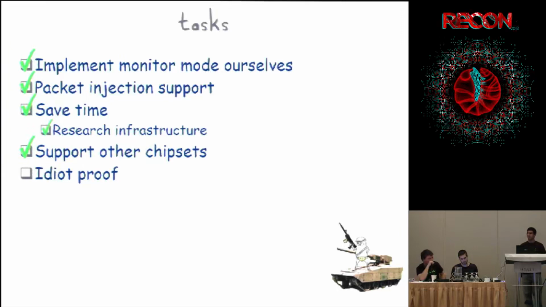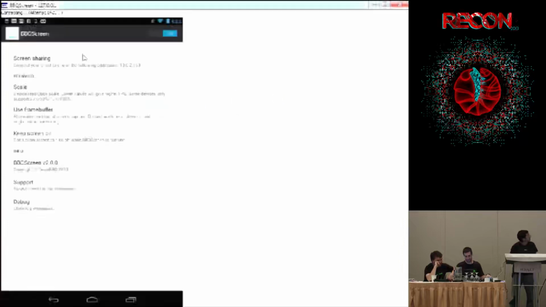I mean, anyone with a rooted phone and the correct chipset can use it. And we're going to do a test on this assumption, and we have an idiot ready here. Yeah. So we're going to try and use this APK.